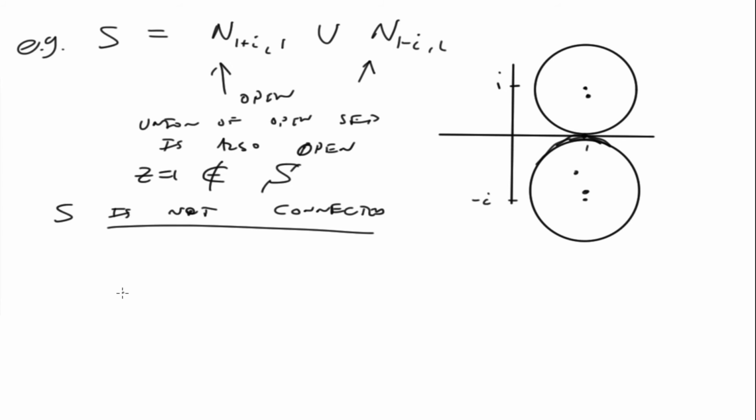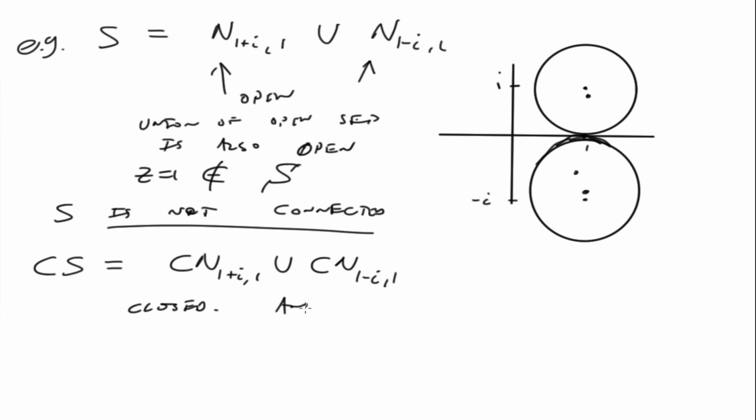So we see now if I were to take the closure of S, I'm going to call this CS, the closure of S, which is the closure of the neighborhood of 1 plus i, comma 1, union the closure of the neighborhood of 1 minus i, comma 1. Then this is closed, obviously, and also connected.